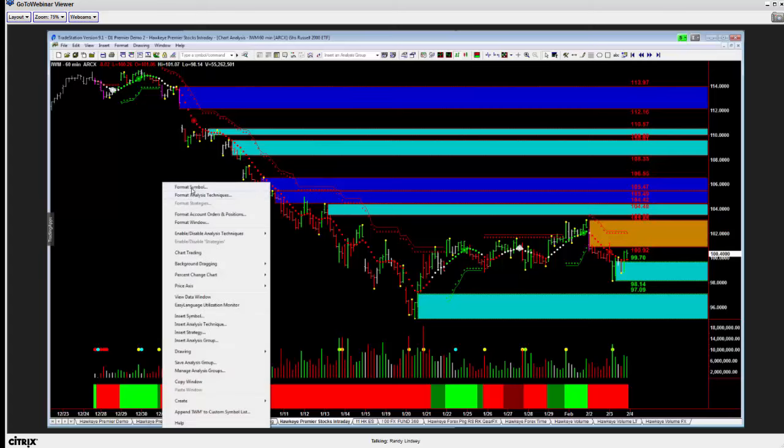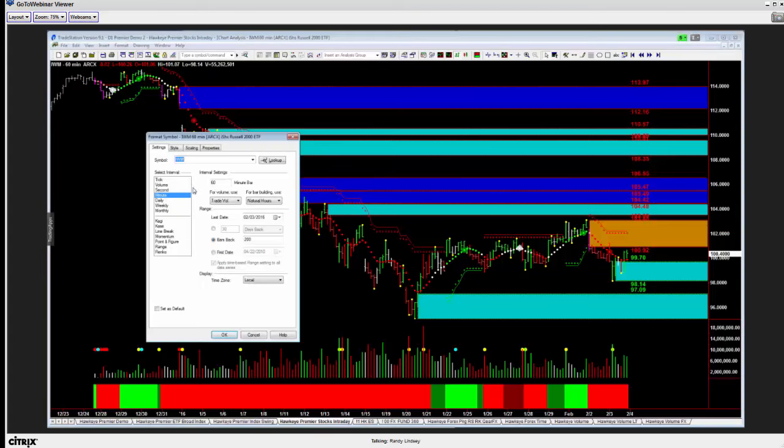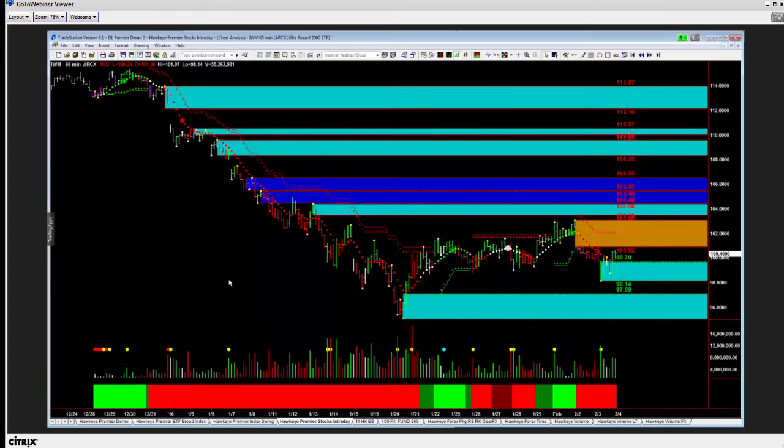I need more data on that, I think. Still, yeah, that's about 30 days back. Okay. Overhead resistance looks like it's right just under 104.